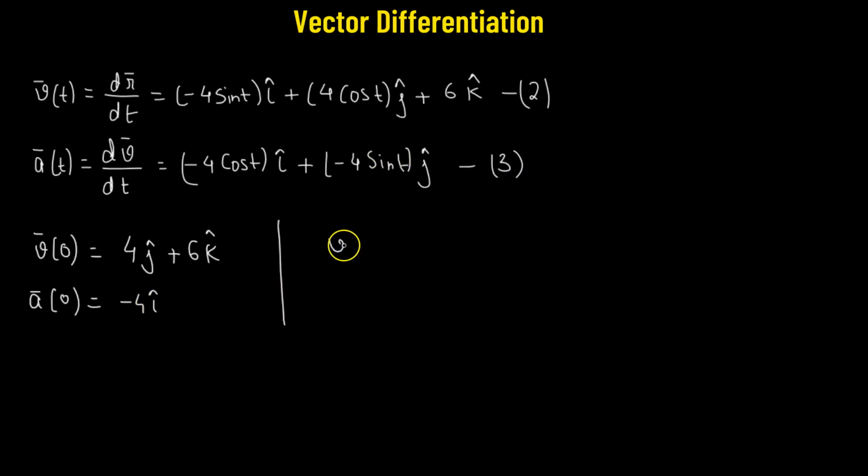Then we calculate the velocity at time t equals pi over 2.